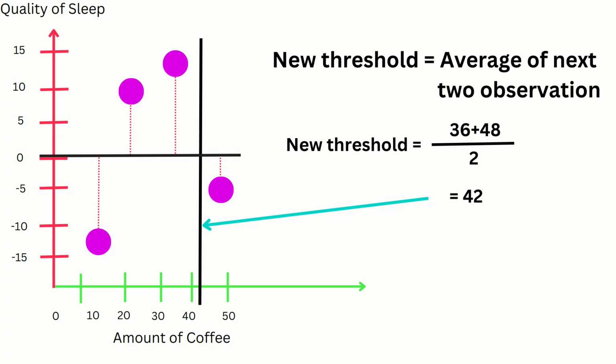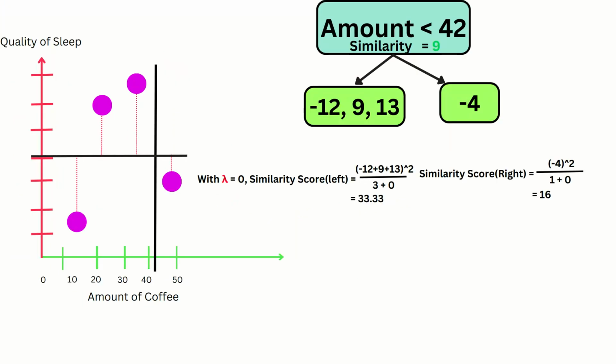Similarly, we continue this process of finding the next threshold using the next two observations and calculating the similarity score for the newly split leaves. And this is our final threshold because we didn't have any other observation beyond this last observation. We calculate the similarity score of each leaf.